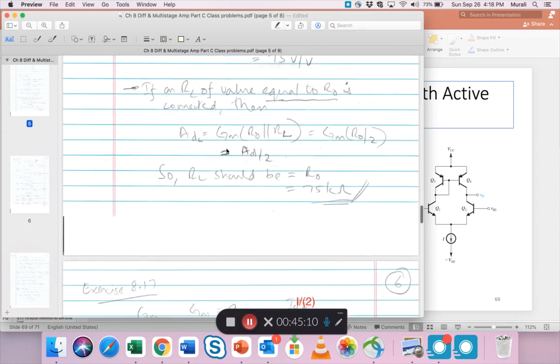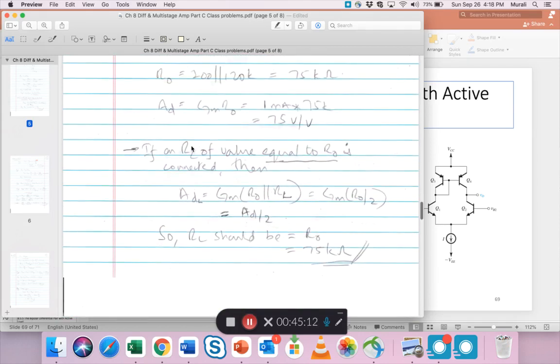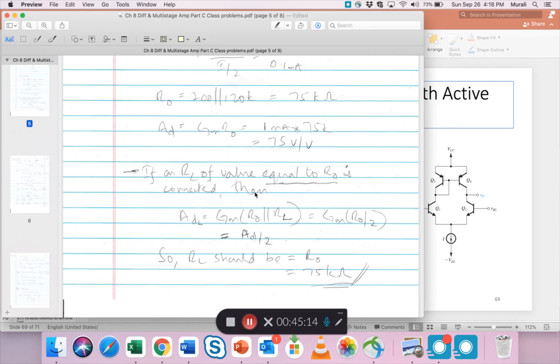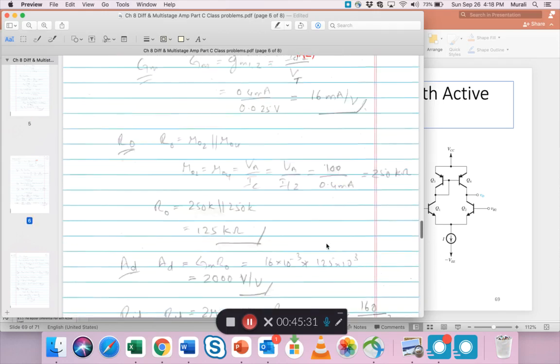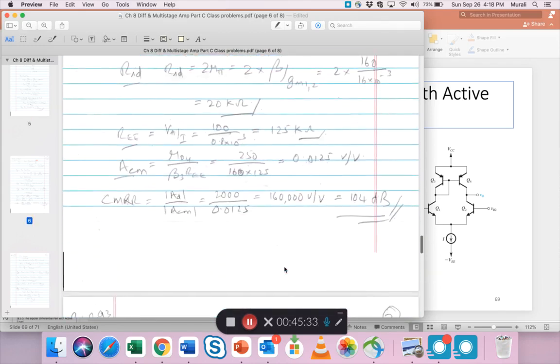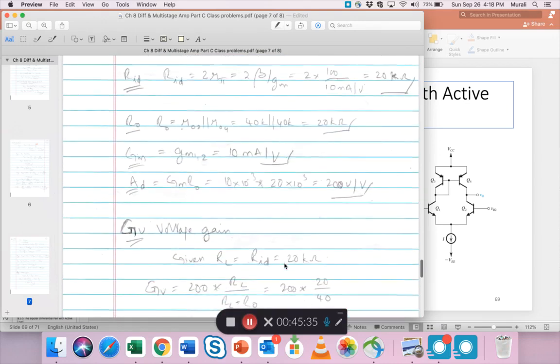Yeah, here also we had a gain, and we were asked, what if the gain falls by a factor of 2? And we came up with a value of the resistance for RL, which is identical to the value of the output resistance, right? So it's a similar approach. Both approaches should work.